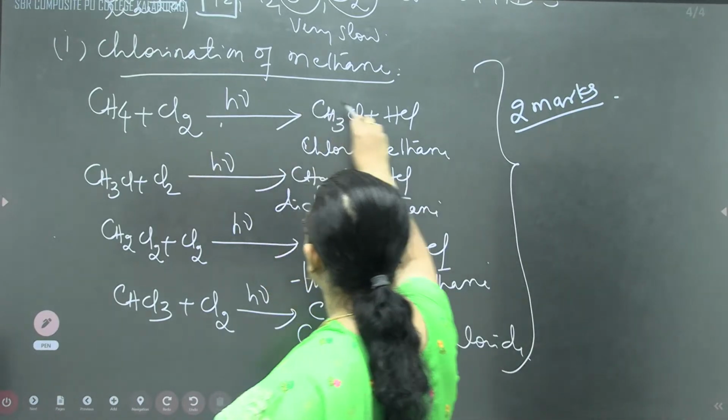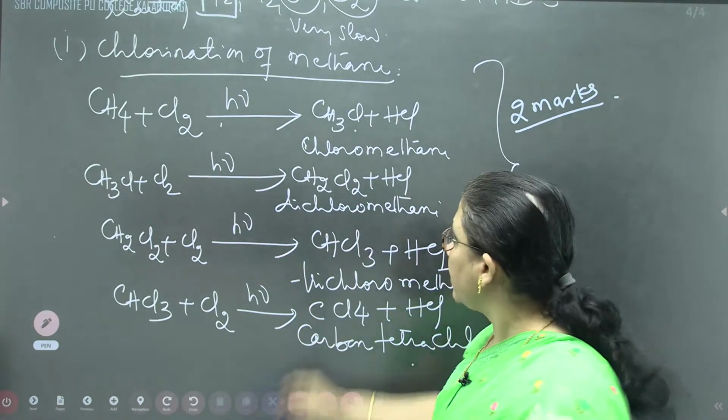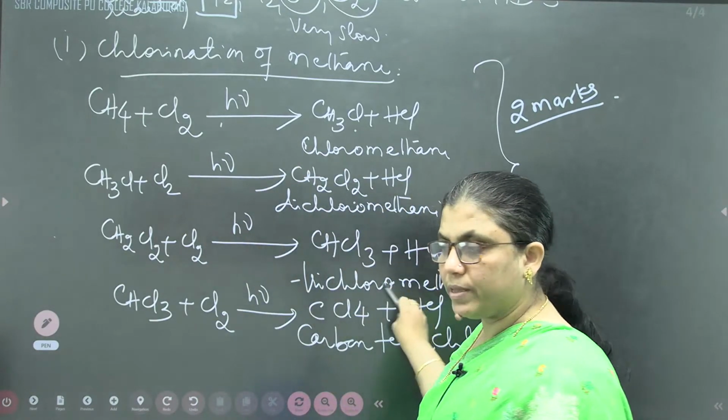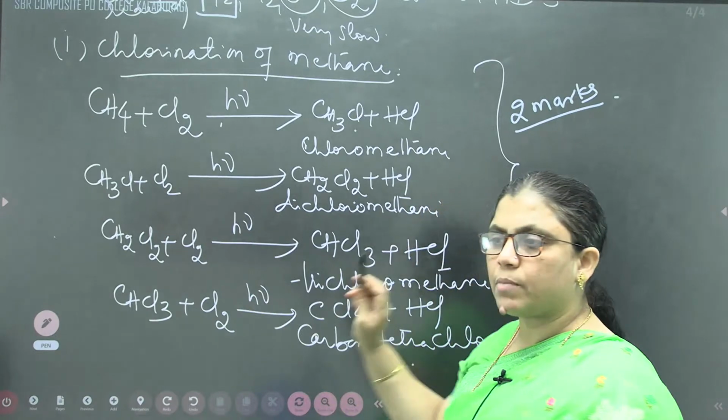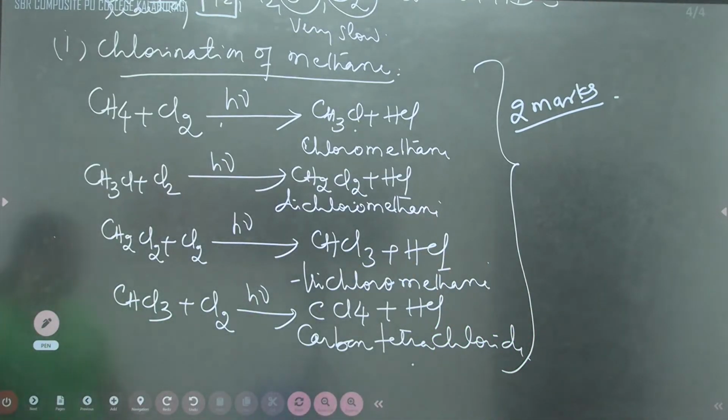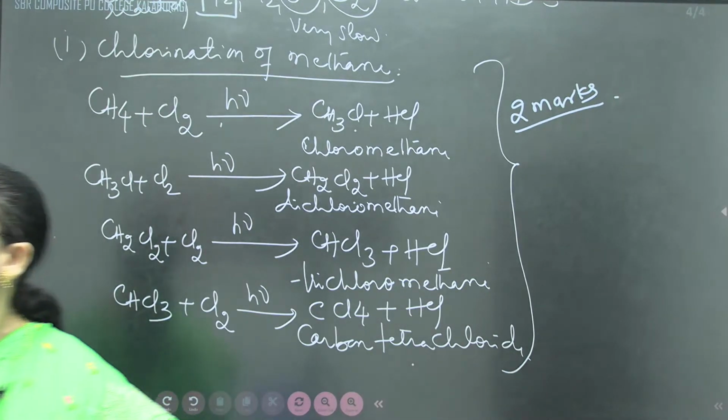Methane gives methyl chloride, then dichloromethane, then trichloromethane, then carbon tetrachloride. By these methods we can substitute the hydrogen atoms of an alkane one by one by a halide group.